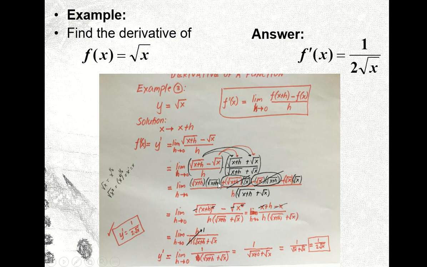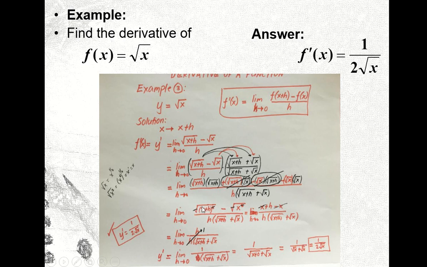Then, since these two, square root of x plus h and square root of x plus h, you multiply these two, so you can put them together in one radical, and then you just square them. And take note, if this is a square root, it means that the index of the radical is equal to 2, and your exponent is 2, so that cancels out.